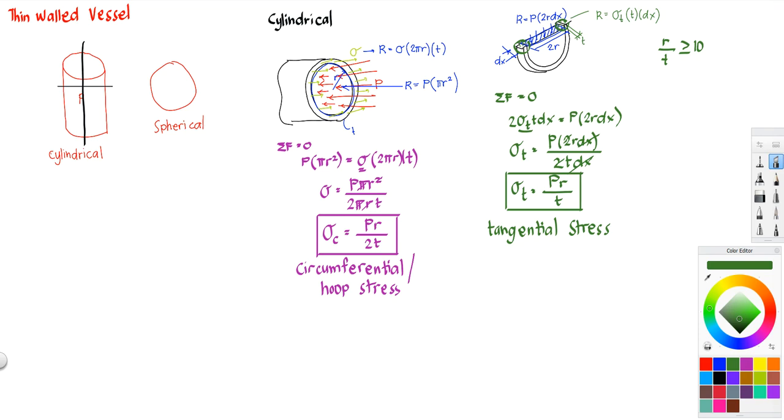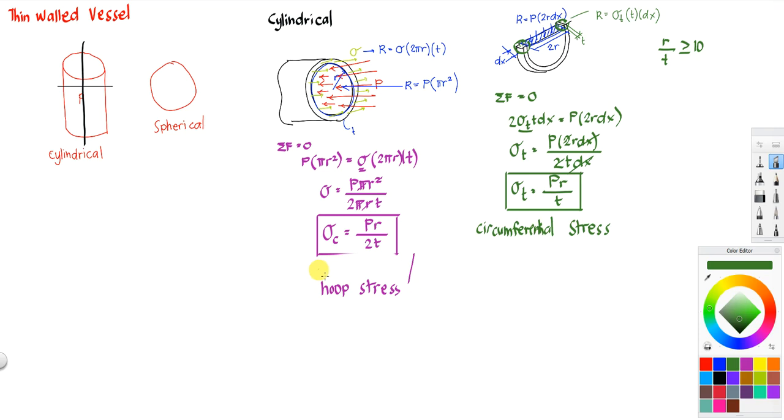Okay, so let me correct. Okay, I am wrong with this. This is what you call the circumferential stress, not baliktad. Okay, it's called circumferential stress.